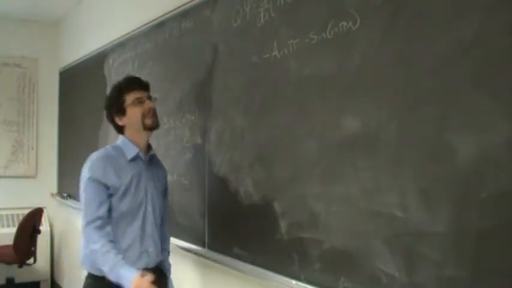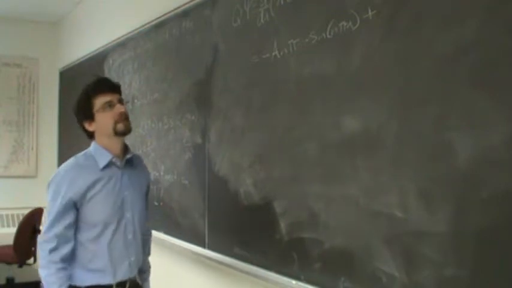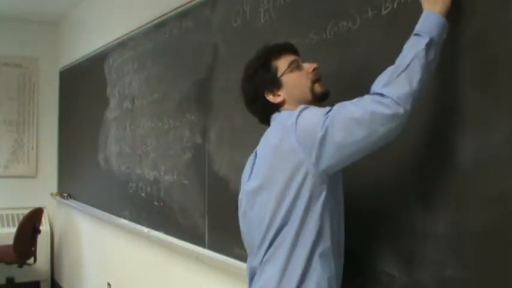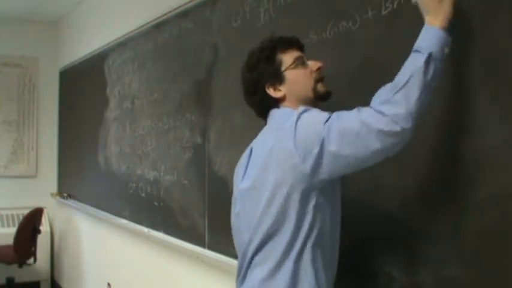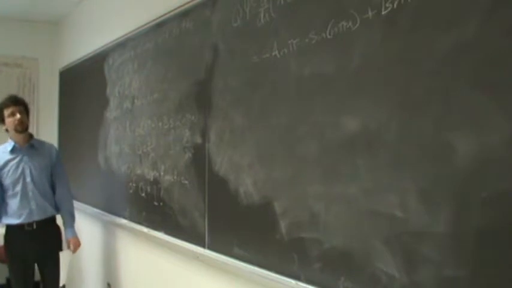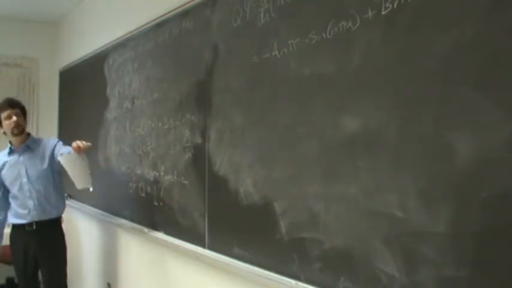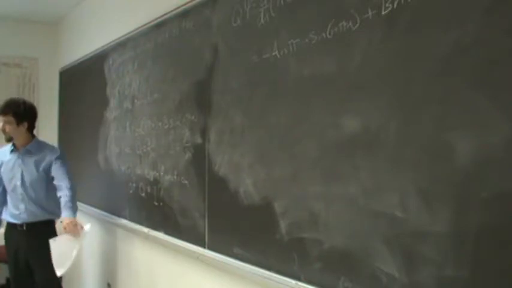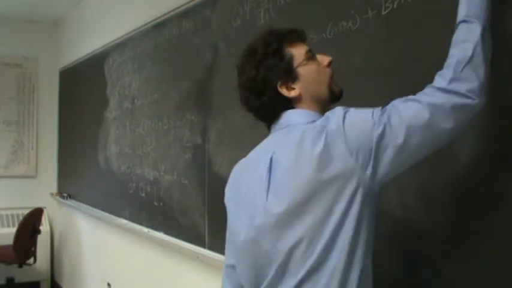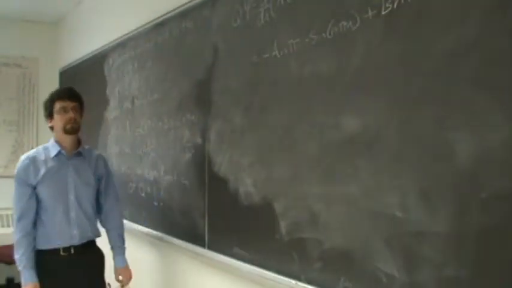Plus b n pi cosine n pi x. Yeah, okay, so remember you take the derivative of cosine, you get negative sine out, and you take the derivative of sine, you just get cosine out. Oh, I screwed up. Should have put all that other stuff in. My bad. That all goes in here.